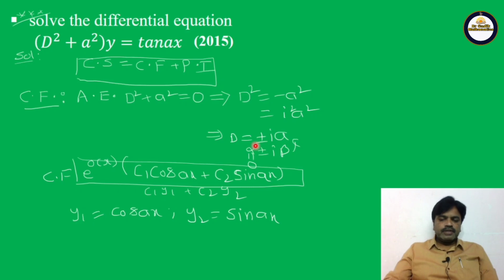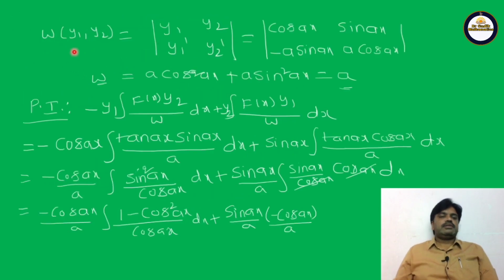You first find the Wronskian. What is the Wronskian formula? Determinant of y1 y2, y1 dash y2 dash. You substitute those values and expand the determinant, and you get a. The Wronskian value is a. And then you write the particular integral formula.